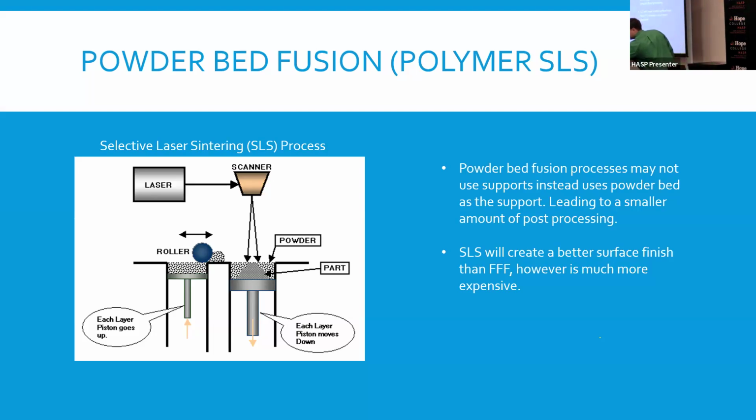You're going to see that it has these tall walls, pillars that are built up to hold up the rest of the layers. As you're going up, it has to hold the layers. Because of that, you have to do post-processing to get those supports off.